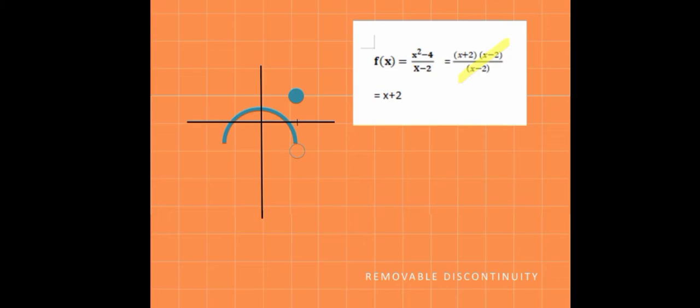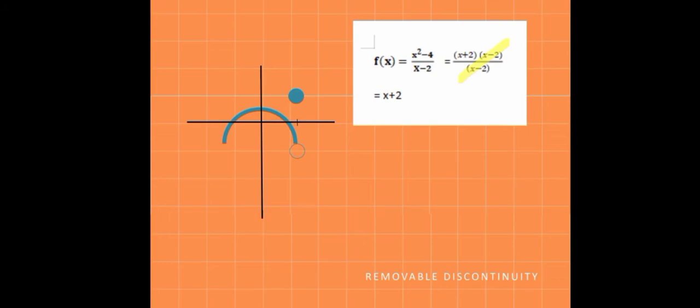This is an example equation of a removable discontinuity. We are given the equation f of x equals x squared minus 4 over x minus 2.